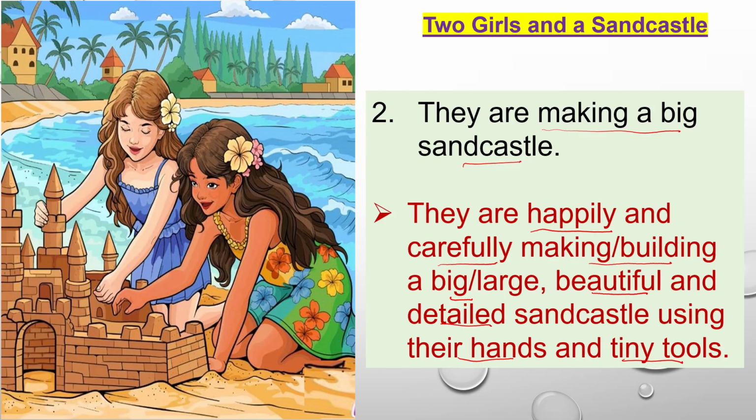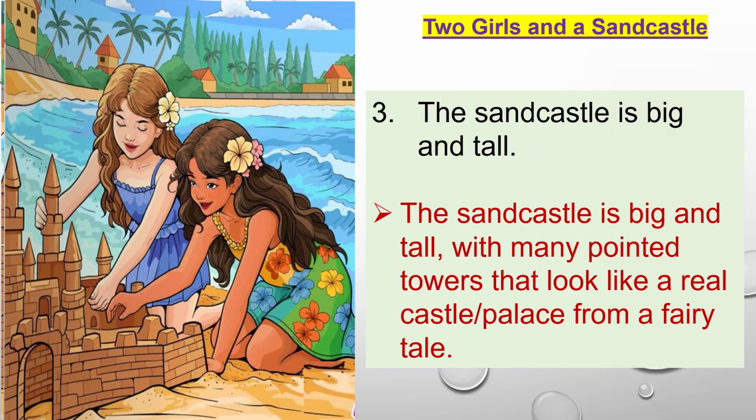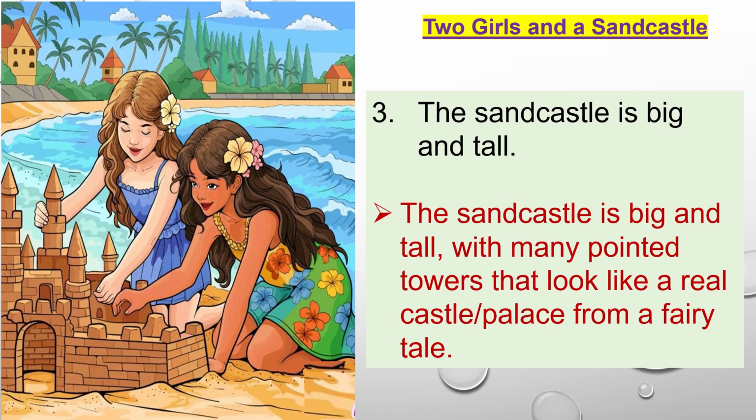So instead of writing they are making a big castle, you can write, they are happily and carefully building a big, beautiful and detailed sand castle using their hands and tiny tools. Clear?